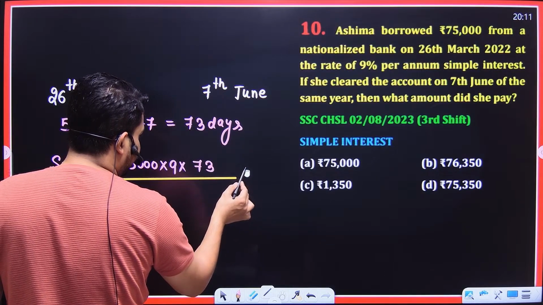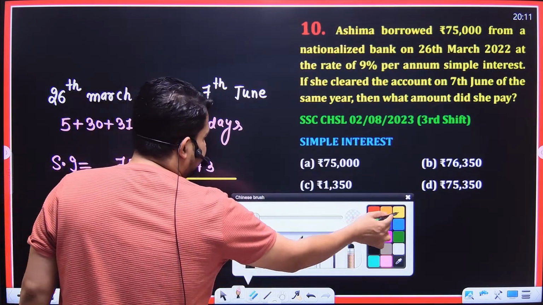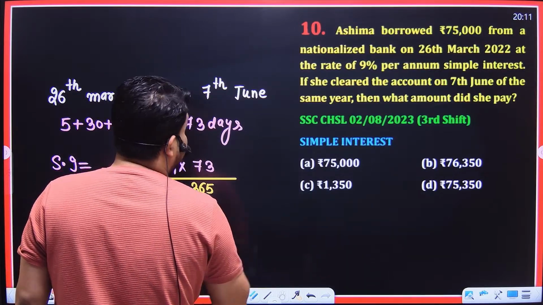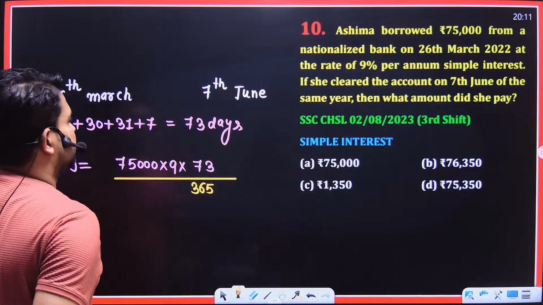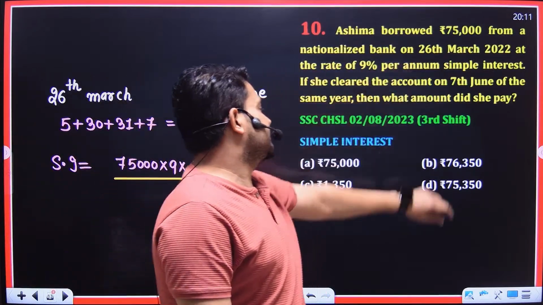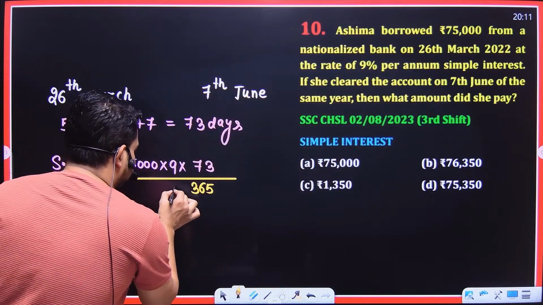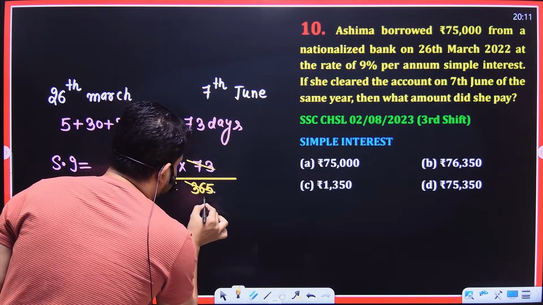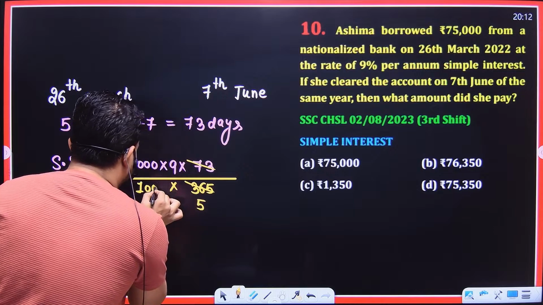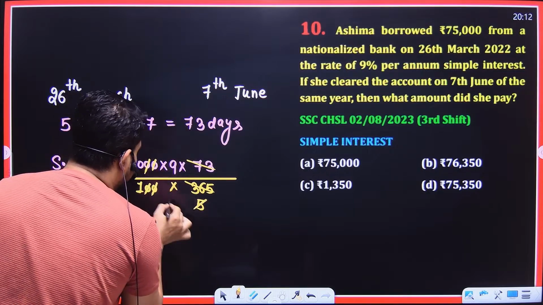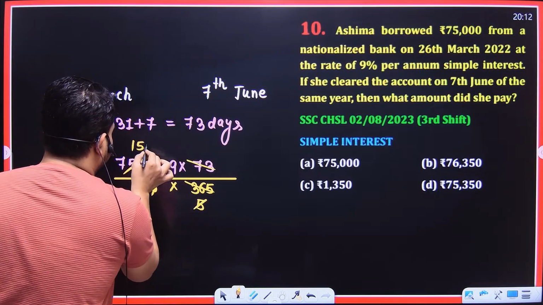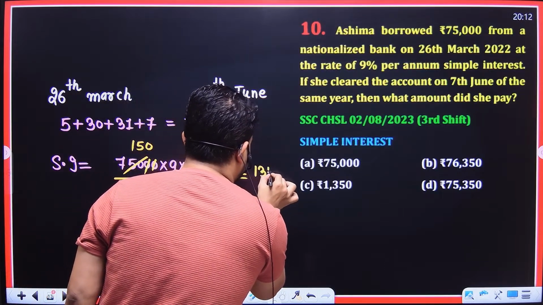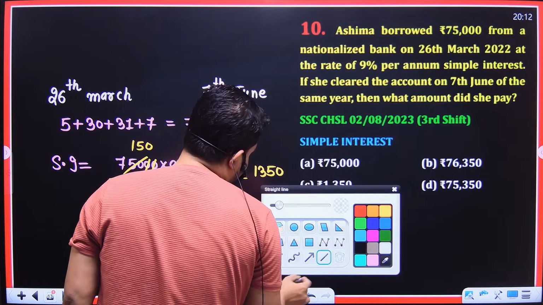You will divide them by 365, because in a year the days are 365, as this is a normal year. Upon 100. So this one you will solve, and you know that 73 5s are 365. The zeros will be cancelled out. 5 150, and 150 into 9 is equal to 1350. So this one is my interest.